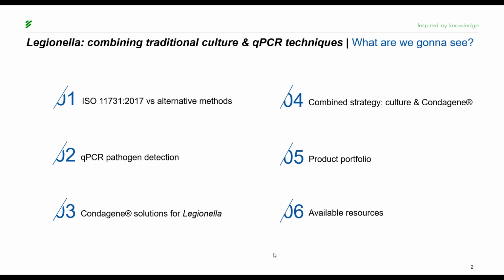We will delve into one of these alternative methods, the most used, qPCR for the detection of pathogens, to give way to the solution that we present today, which is Contagion Legionella. And then in closing, how a combined culture method and Contagion strategy can be adapted for a more efficient workflow in the laboratory.